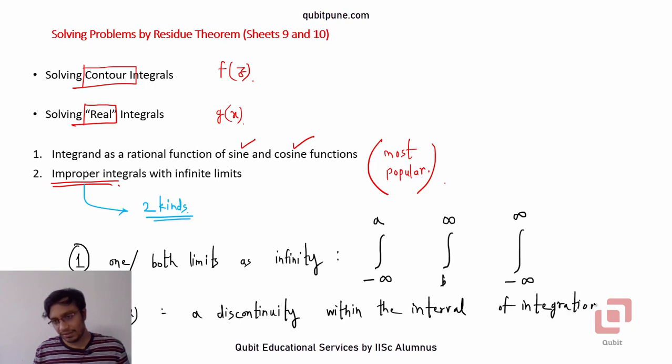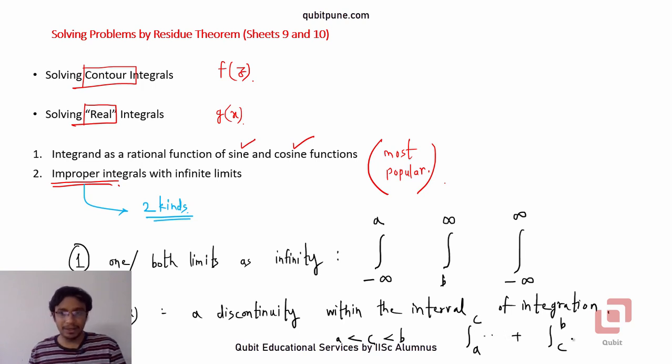So in such cases, you have to split the interval of integration at the point of discontinuity. Let us say if the function has only one discontinuity at c in the interval of integration, then you integrate the function from a to c, and then you integrate the function from c to b.